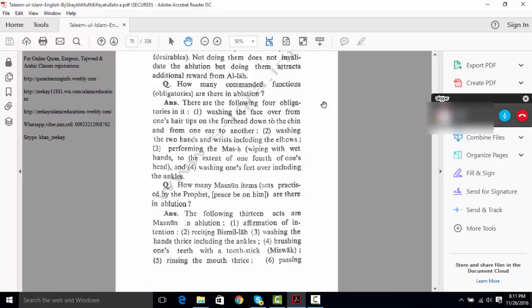If you leave it, the act will not be valid. Which one of commanded and masnoon functions? I told you about the difference between these two.